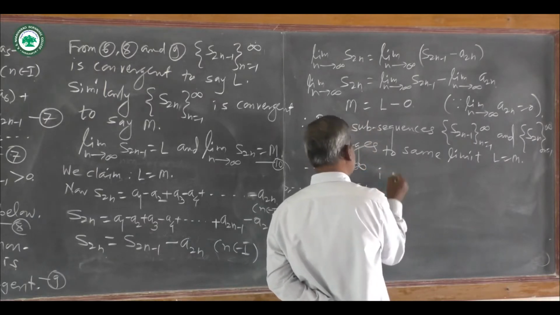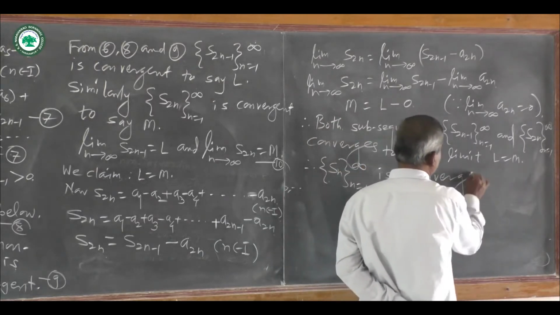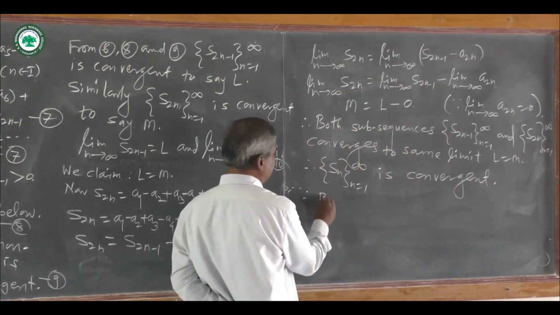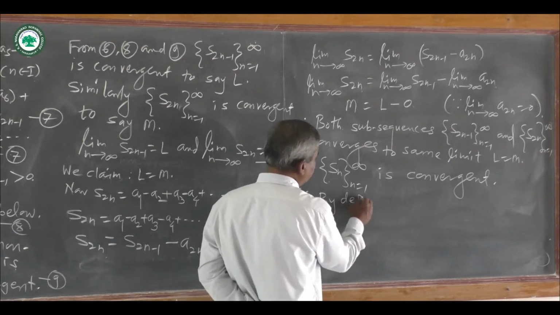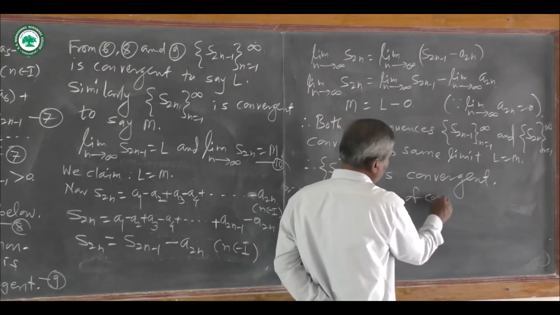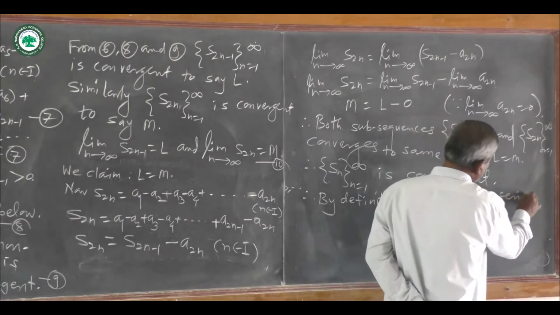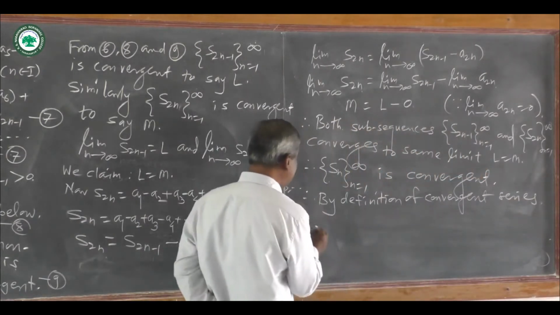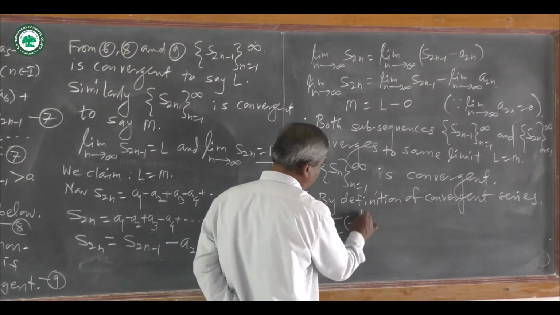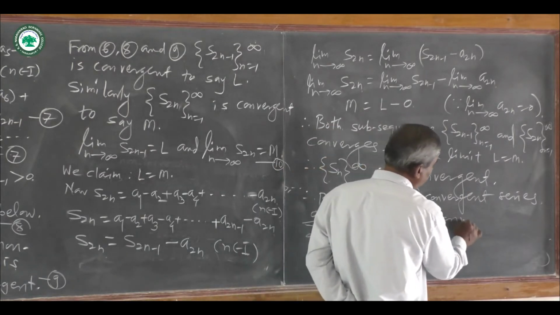Therefore, by definition of convergent series, the corresponding alternating series, summation n equal to 1 to infinity of minus 1 raised to n plus 1 into an, is convergent.